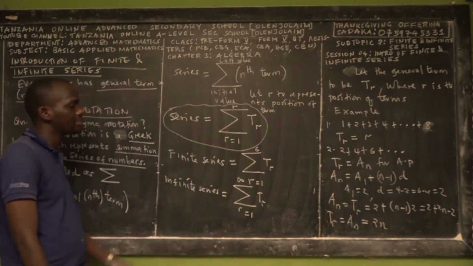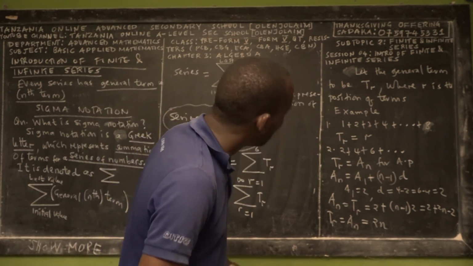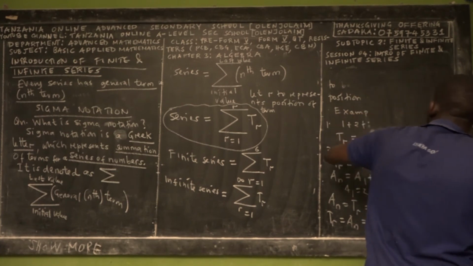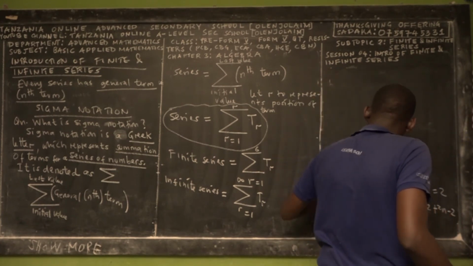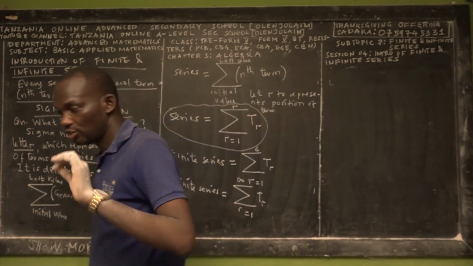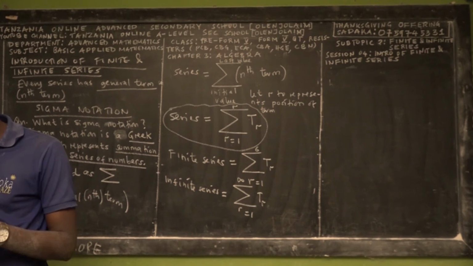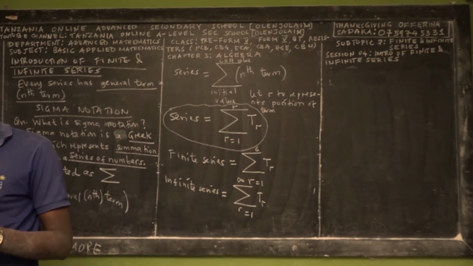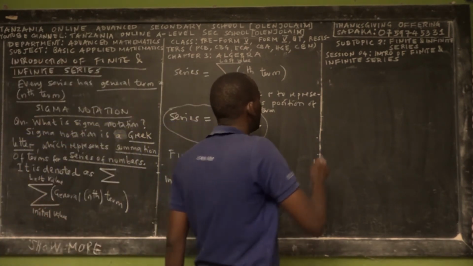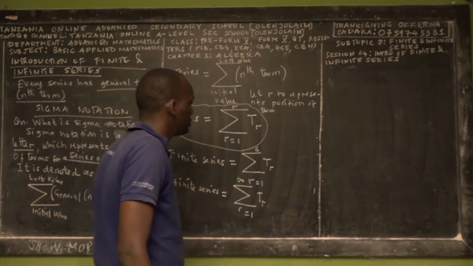So the difference is the last term. If you are able to express any series in sigma notation, then you are in a right comprehension of finite and infinite series.